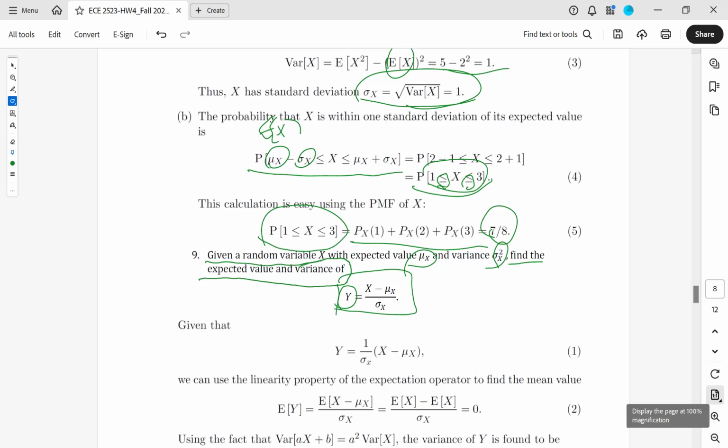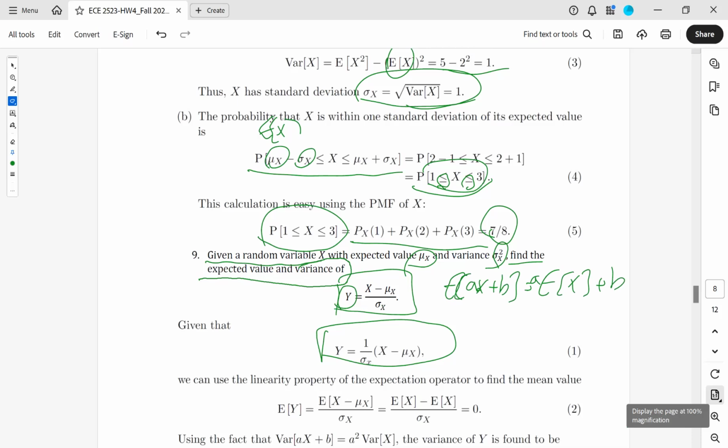So basically this is the formula that relates y and x. We want the expected value of y. We said you could use the linear transformation property for the expected value, because mu and sigma are constant numbers, not variables. X is variable; mu and sigma are absolute numbers. So you could use the property that the expected value of ax plus b is a times the expected value of x plus b.